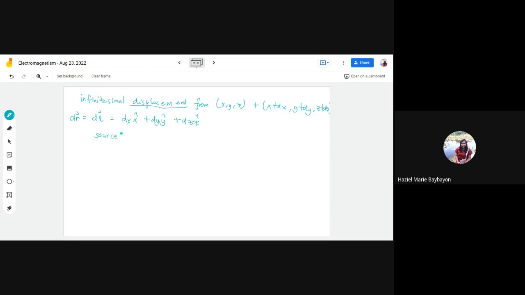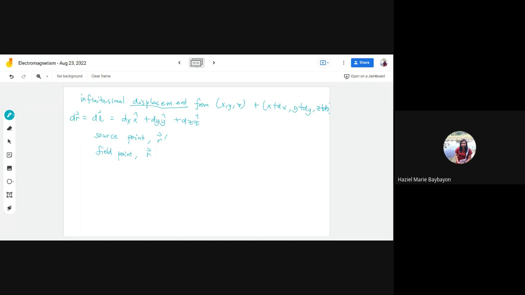So it is important nga i-define natong duha ka point. So we have the source point, which we can denote as r prime. And then we have the field point, which can be denoted as r. Okay, unsa man ni siya, class? For example, your source point can be the location of the electric charge.